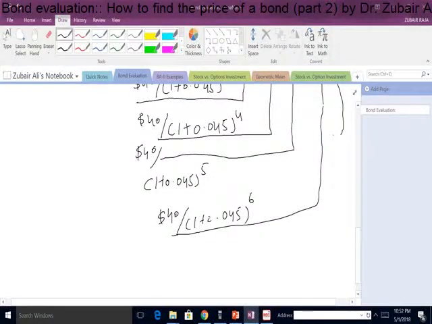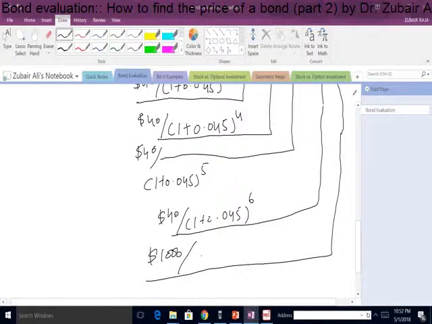So this will also be paid back by the company when the bond will mature. So 1000 whole divided by 1 plus 0.045 raised to the power 6.